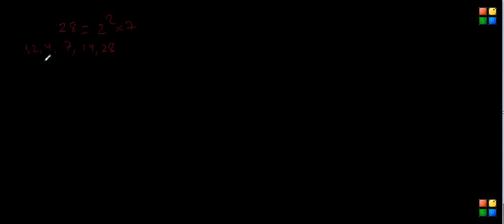Now what I'm interested in knowing is the product of all the positive factors of 28. If you see, 1 into 28 gives me 28, 2 into 14 gives me 28, 4 into 7 gives me 28. Interesting.